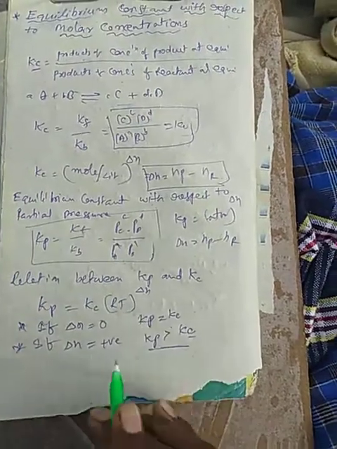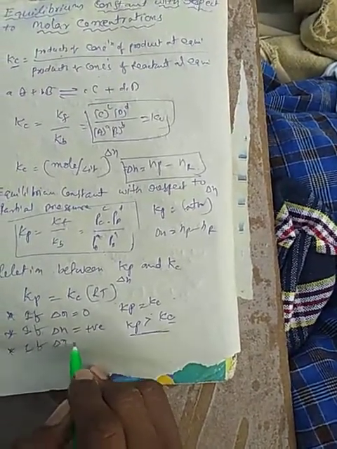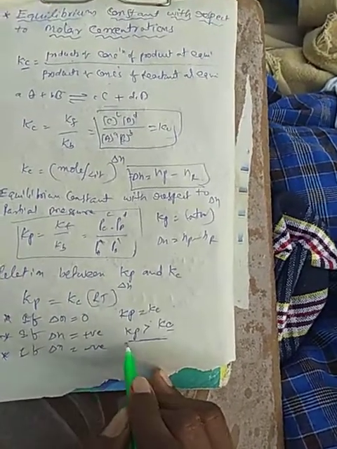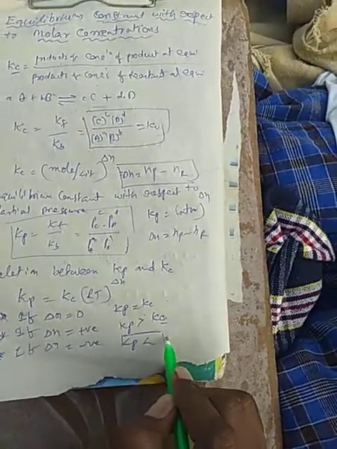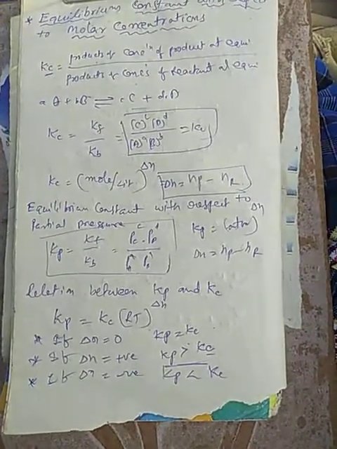Third, if delta n is negative, Kp is less than Kc.